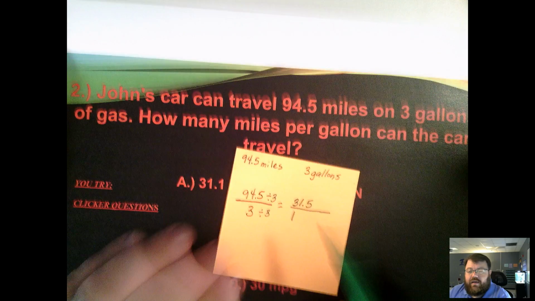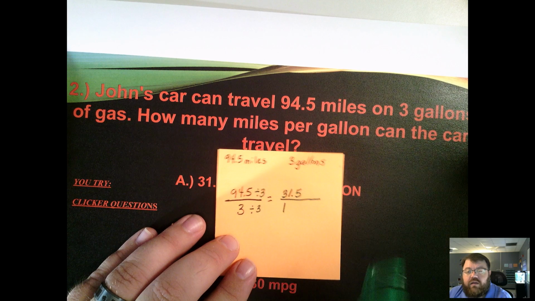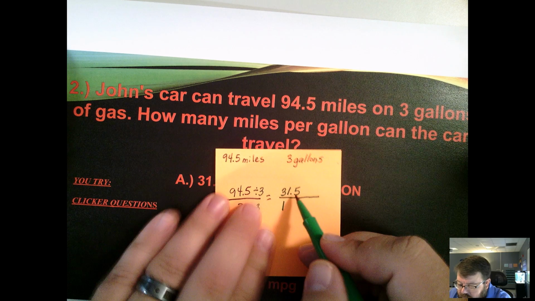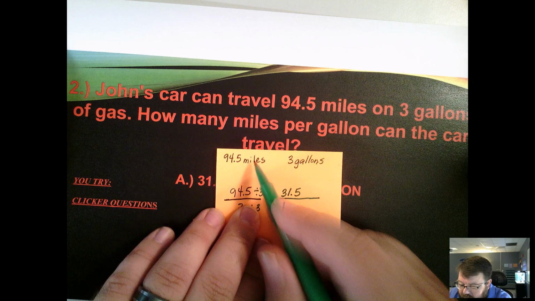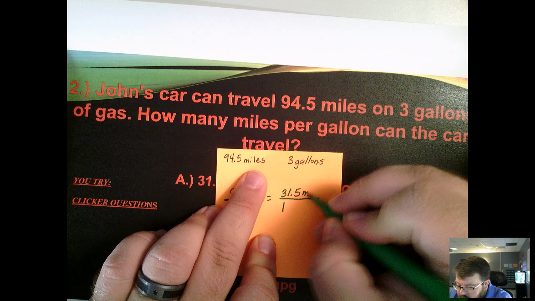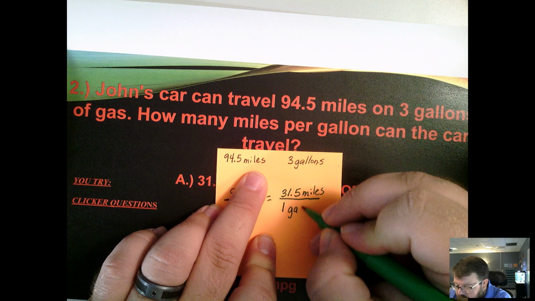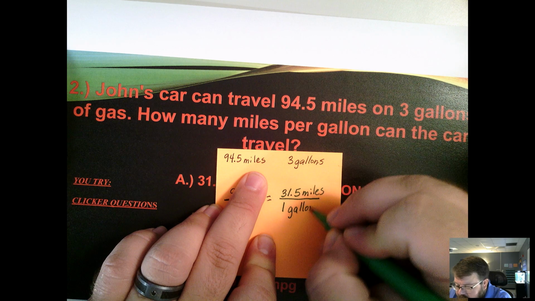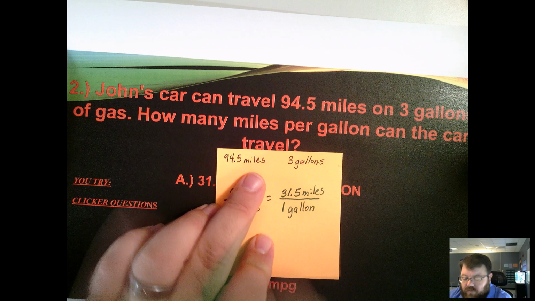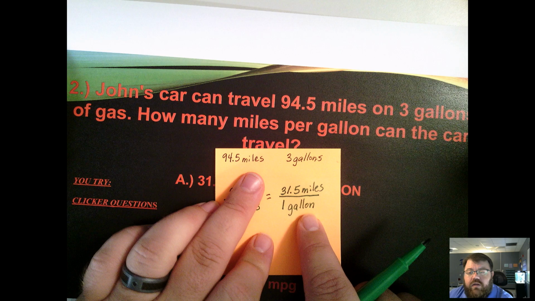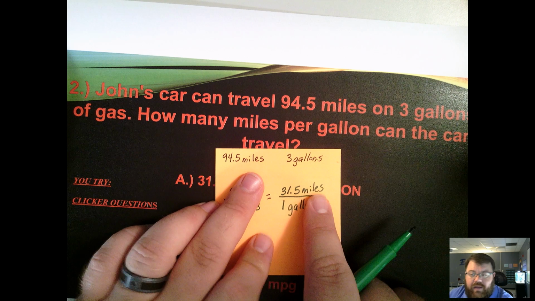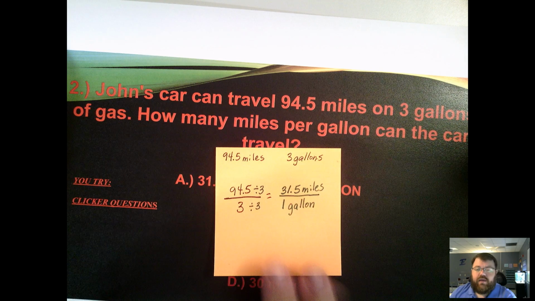Now, I have forgotten my units. Try to remember your units. 31.5 miles, 1 gallon of gas. So, John's car can travel 31.5 miles on 1 gallon of gas.